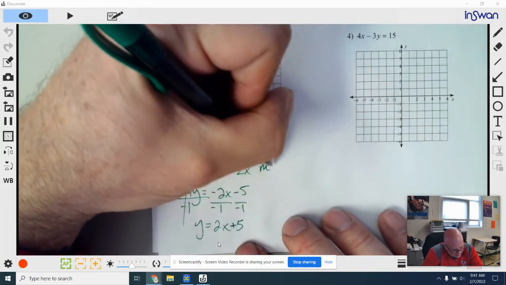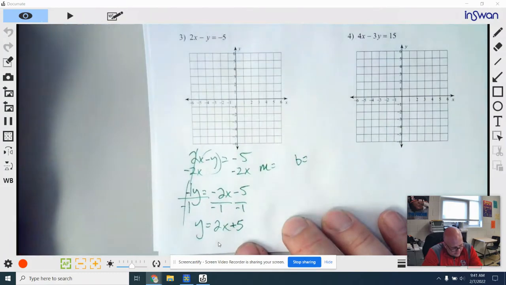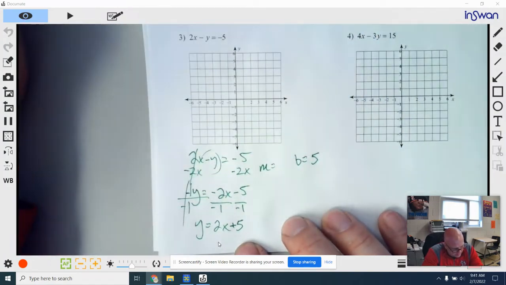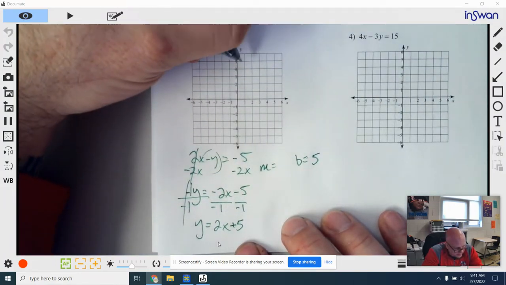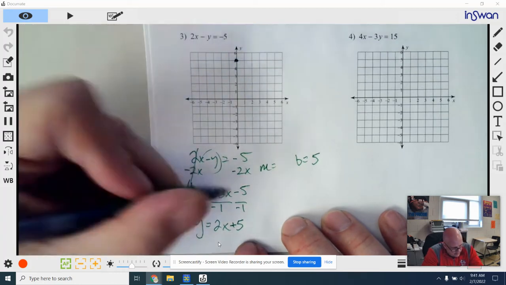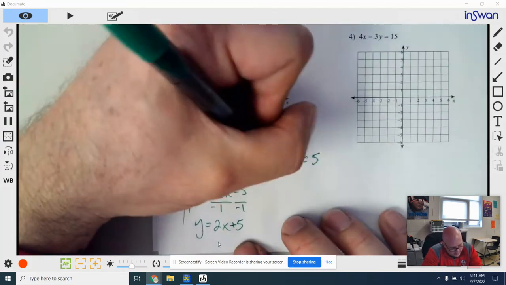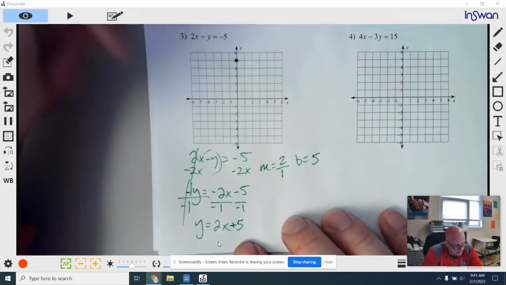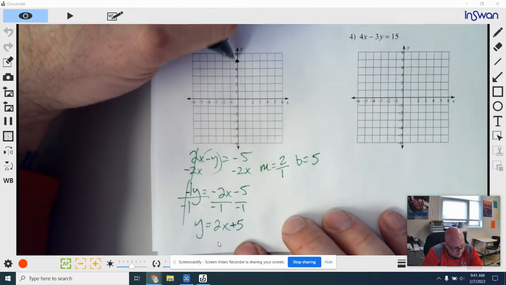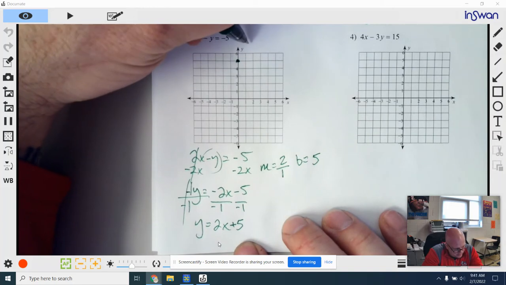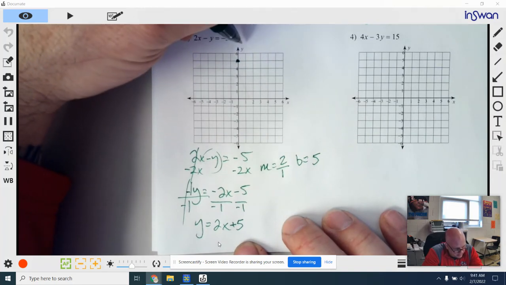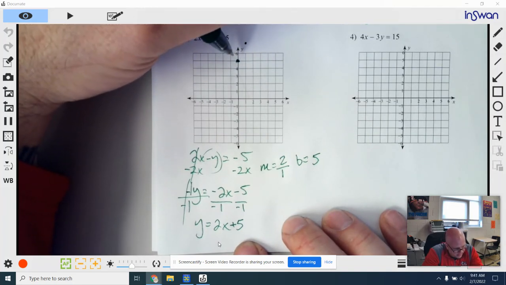So when I graph this, identify M, identify B. My B is at positive 5. So let's put a point there on the y-intercept at 5. And my slope is 2. Remember, when it's a whole number, it's technically 2 over 1. Okay, so if I was to go up 2, because it's positive, and over 1, it'd be like up 2 and then over 1, kind of like this, but it's off the graph.